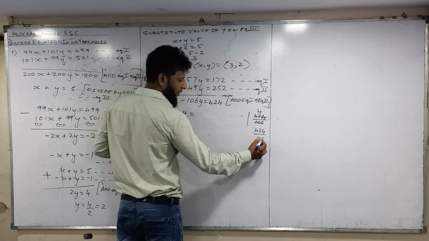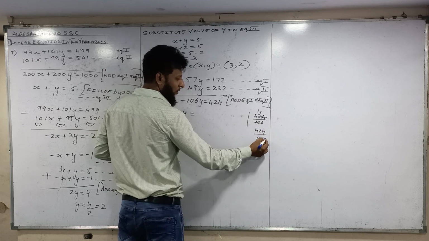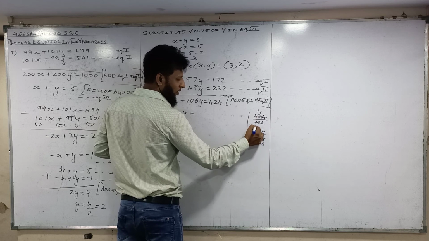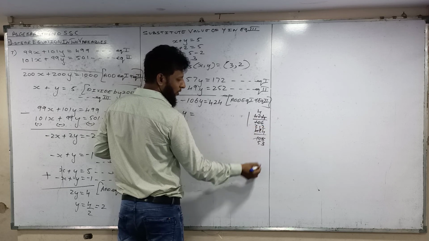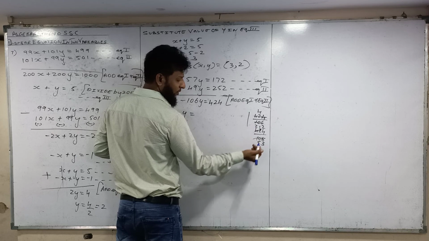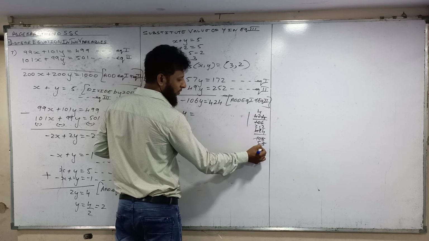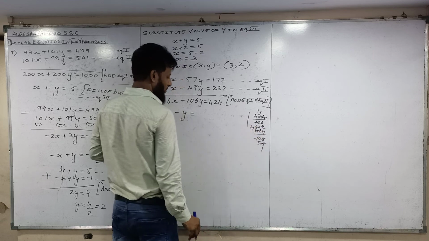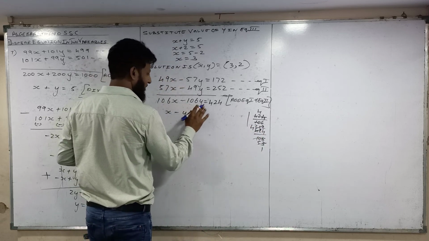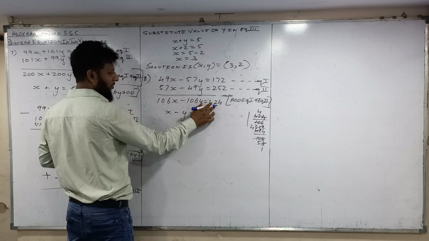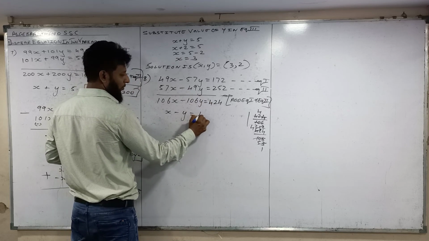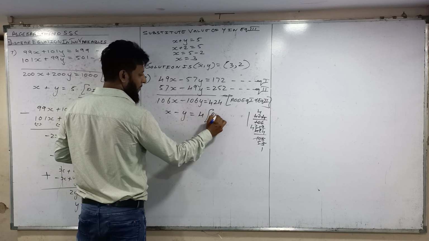So you can cancel it by 2 and 4. Then cancel it by 53, you will get 4. So ultimately, after cancellation by 106, you will get 4.